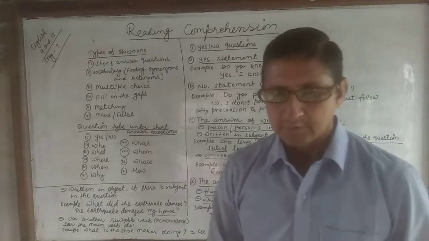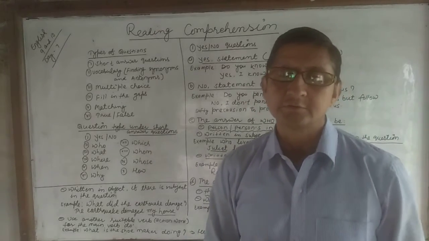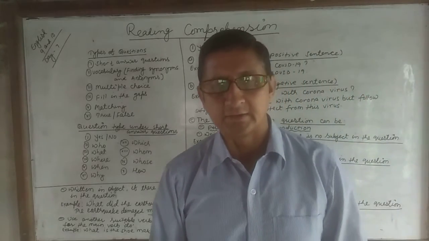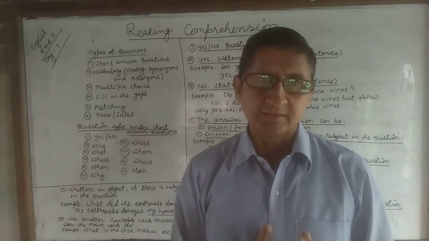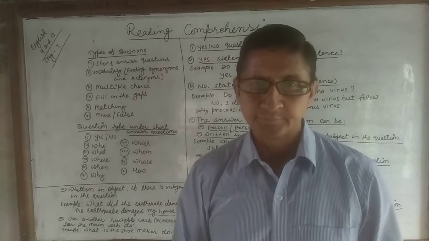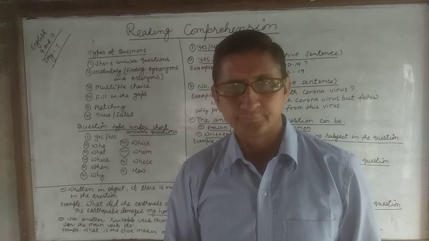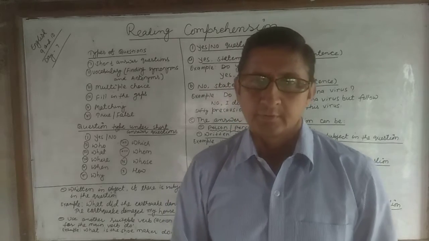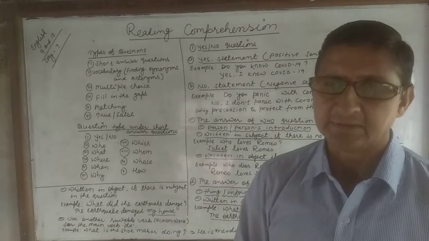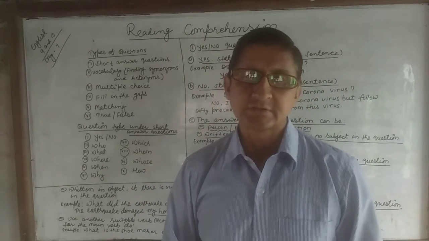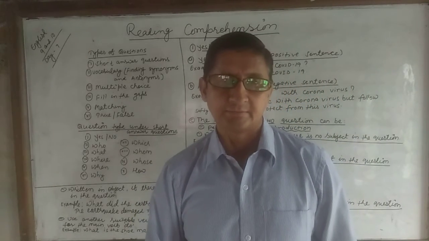First, you should be clear what a subject is and what an object is. The subject is the doer of the action, and the object is the receiver of the action. You know very well the subject, the doer of the action, and the object, the receiver of the action.